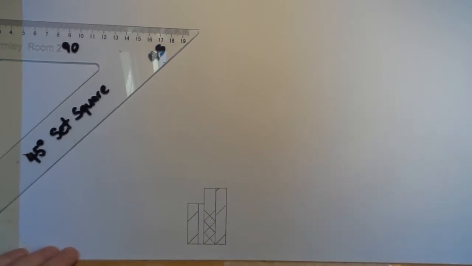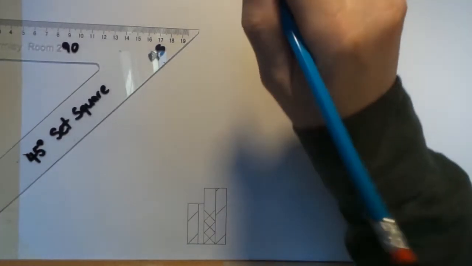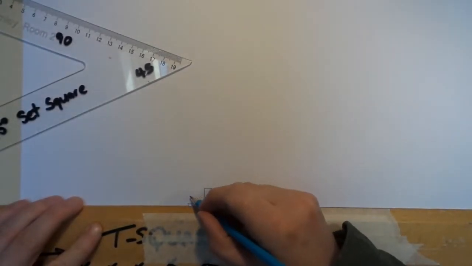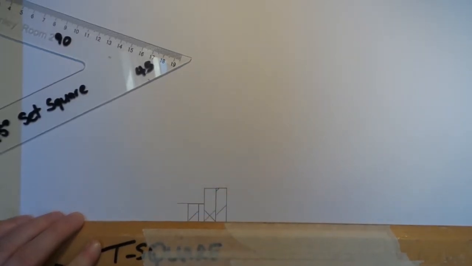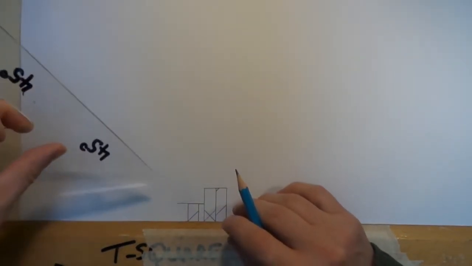Okay, so the next thing we're going to draw is the concrete windowsill. So the concrete windowsill goes in here. Just a little capillary groove right there.